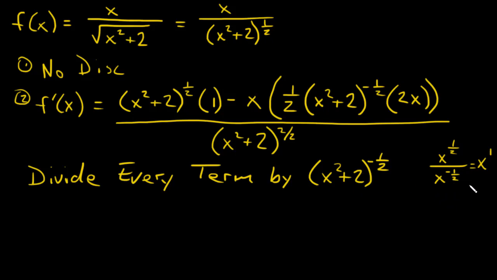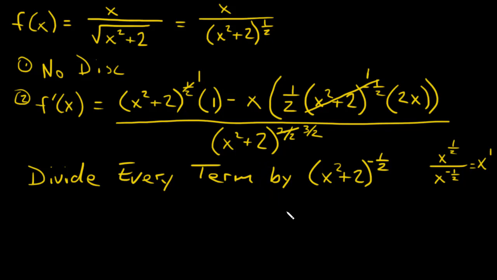So if I think about it that way, when I divide every term by this factor here to the negative 1/2, I'm going to add 1/2 to each of these exponents here. So this is going to become a 1. When I divide (x squared plus 2) to the negative 1/2 by (x squared plus 2) to the negative 1/2, this whole term becomes a 1, because it's just the same thing over itself. And this exponent right here is not going to be 2/2 anymore. It's going to wind up being 3/2.